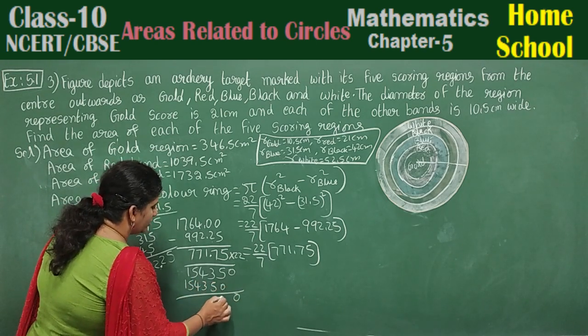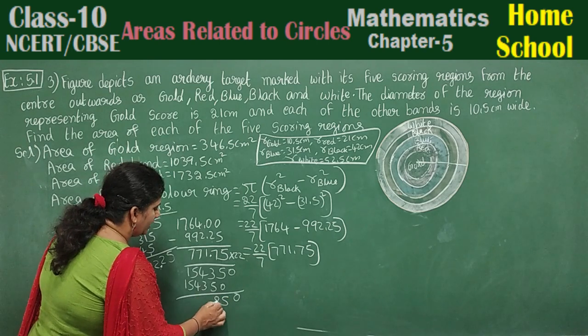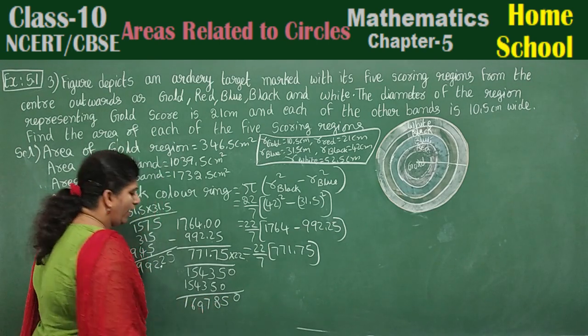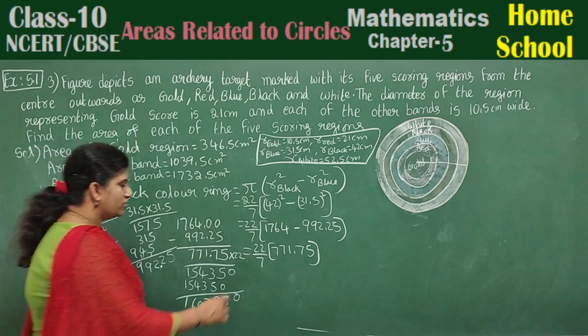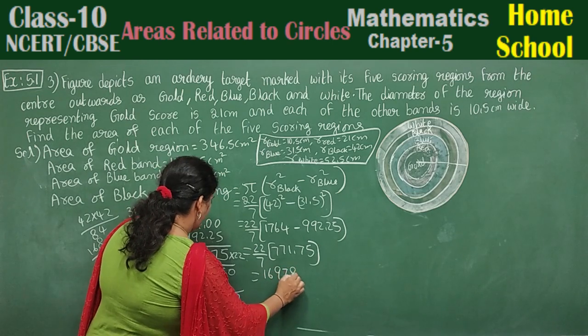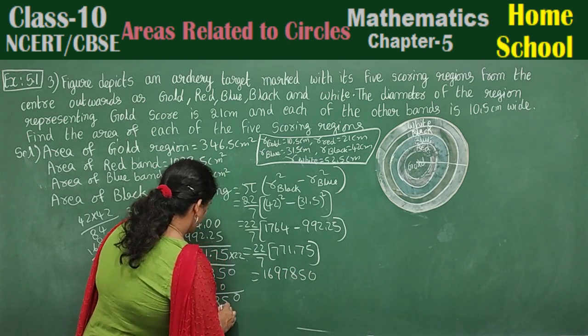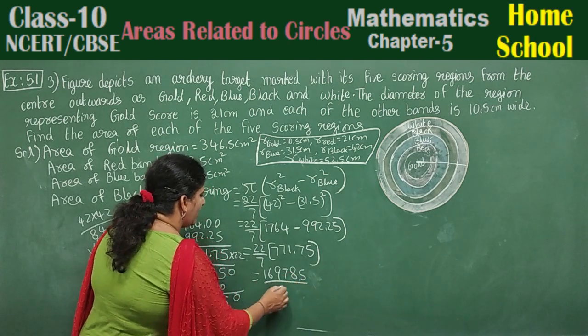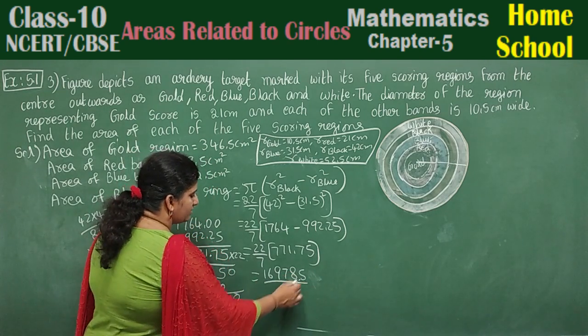Add this: 0 5 8 7 9 6 1. Okay, so write it here. 1697850. Decimal point is here. 0.5. If you want, you can remove the 0. By 7. Cancel this one.